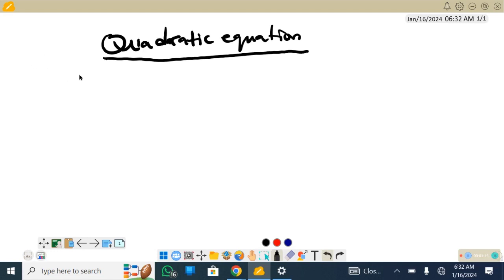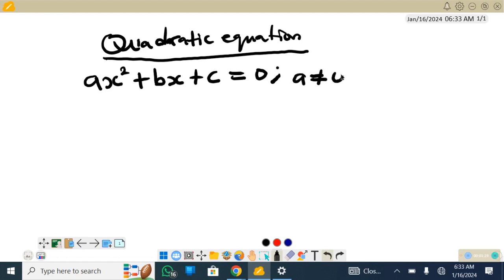So generally, we have our quadratic equation in the form as squared plus bs plus c equals 0, such that a is not equal to 0. In our video on quadratic expression, we have explained the reason why a must not be equal to 0.